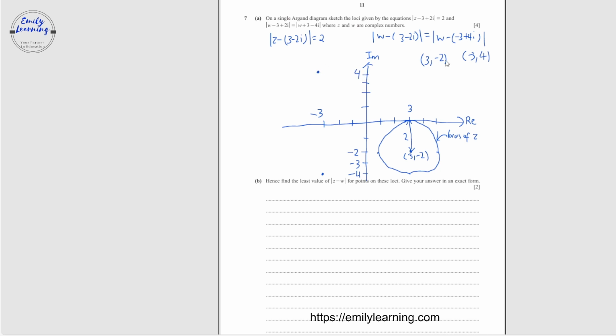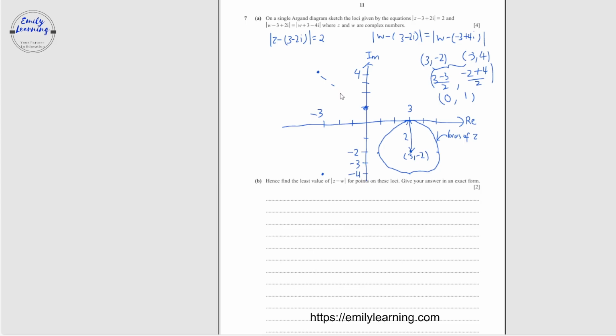Where's the center? Well, the midpoint of this will be at 3 minus 3 over 2, minus 2 plus 4 over 2. So it is 0, 1. So this is the midpoint, right?